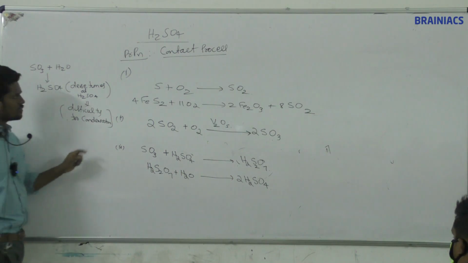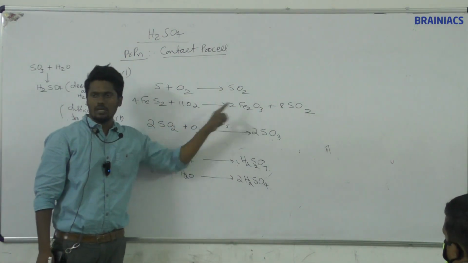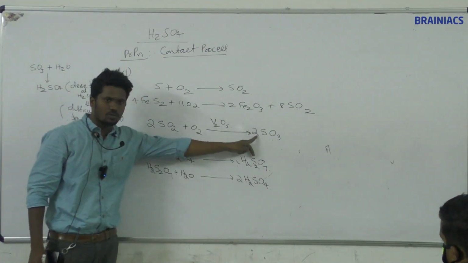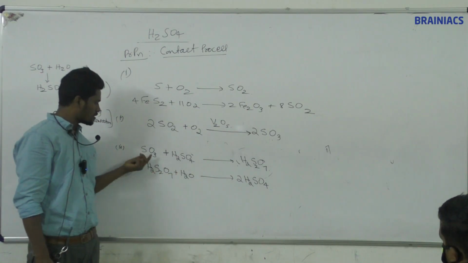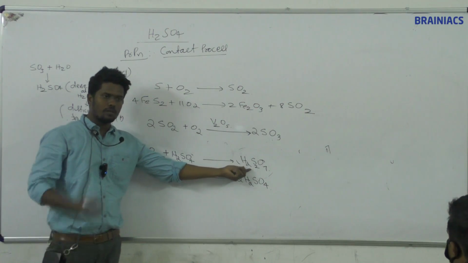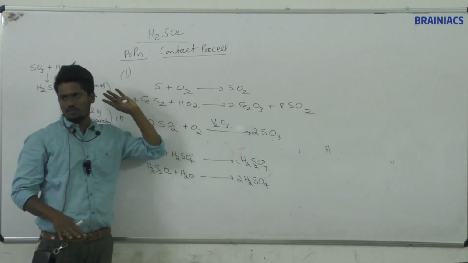So what is the first step? Burning sulfur or sulfide ore gives what? SO2. What is the second step? Catalytic oxidation of SO2 gives SO3. And third step, SO3 is absorbed by H2SO4 gives oleum. Then it on hydrolysis gives the desired concentration of sulfuric acid.